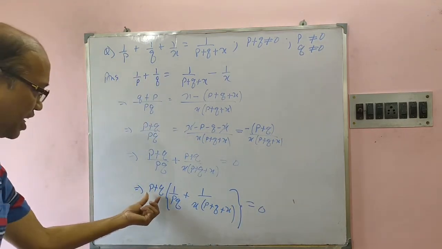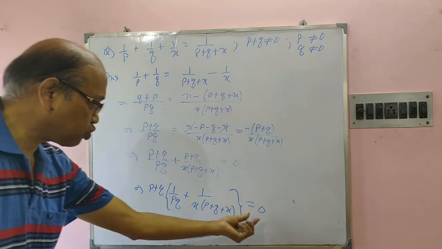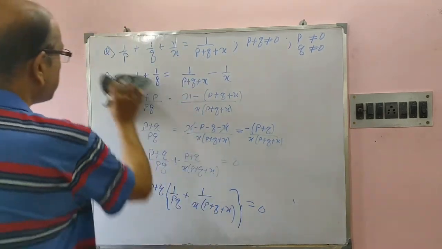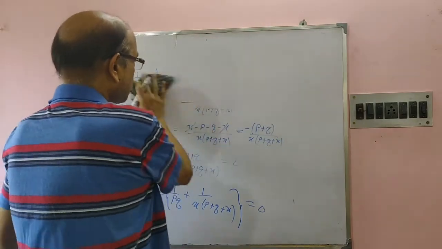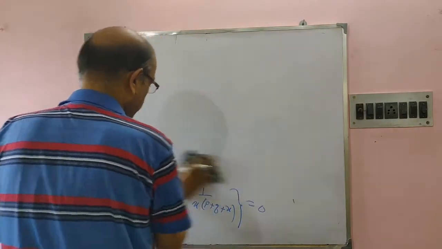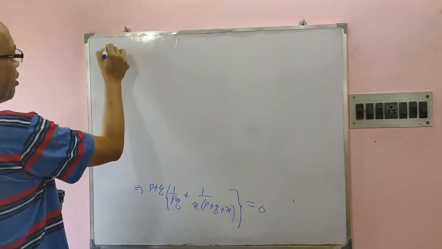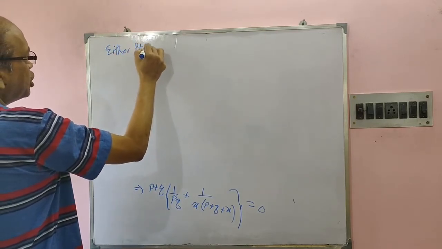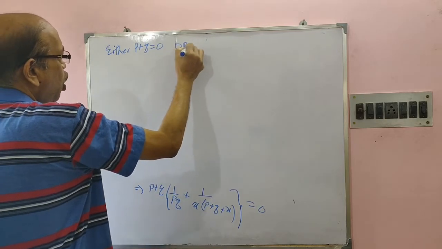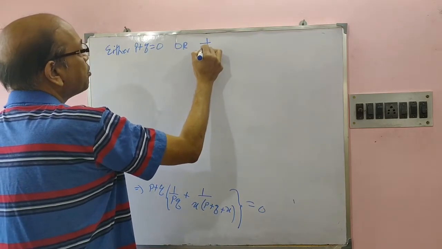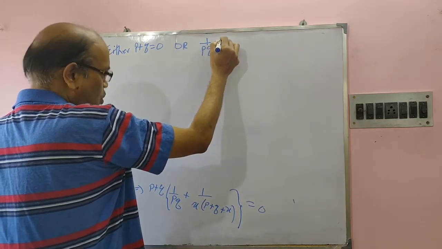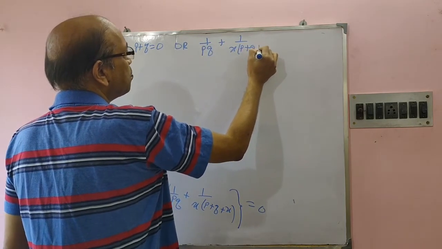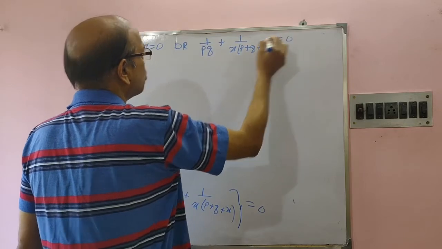That means either p plus q is equal to 0 or this term is equal to 0. Therefore, either p plus q is equal to 0 or 1 by pq plus 1 by x into p plus q plus x equals 0.